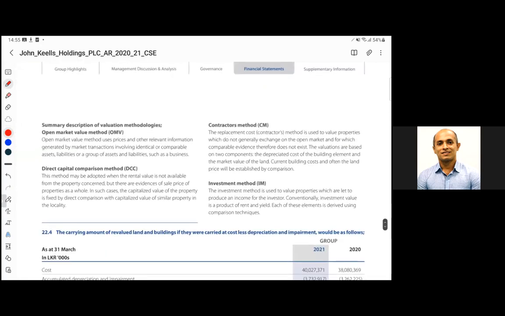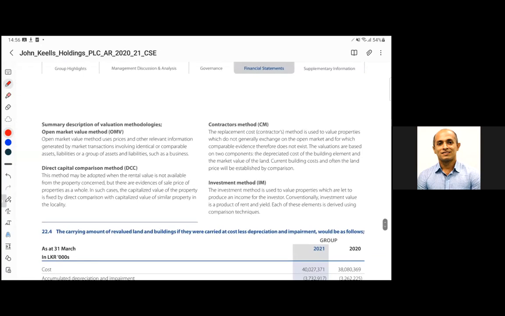So there are a lot of things discussed in the accounting policy. What you have to do is read the entire accounting policy and see whether it's according to LKS 16. So you read the property, plant and equipment policy and see whether it's according to LKS 16. Right.